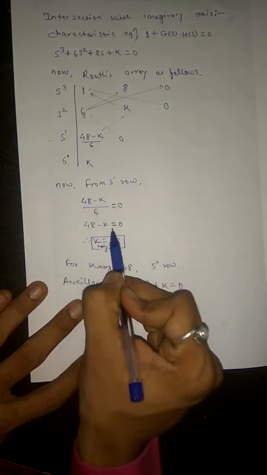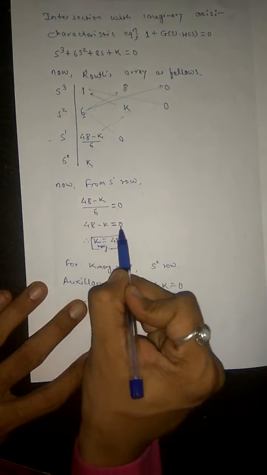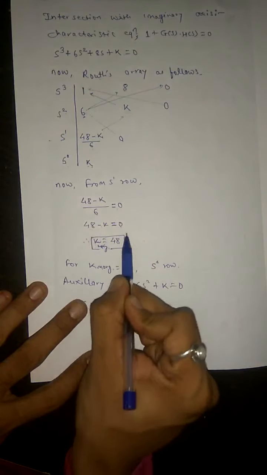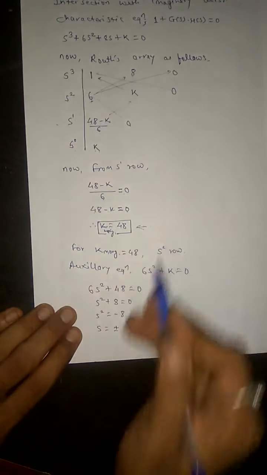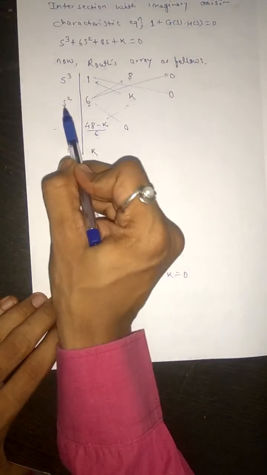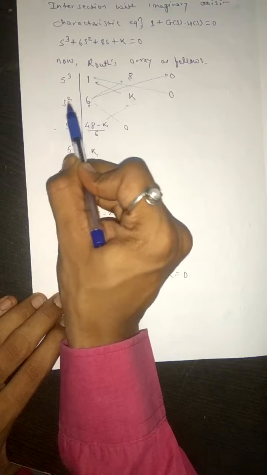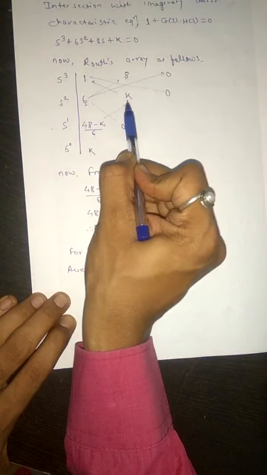From this calculate k, so 48 minus k equal to 0, ultimately k will be 48. This is nothing but the value of k marginal. For this value, consider the s raised to 2 equation, that means the s square equation. So 6s square plus k equal to 0.